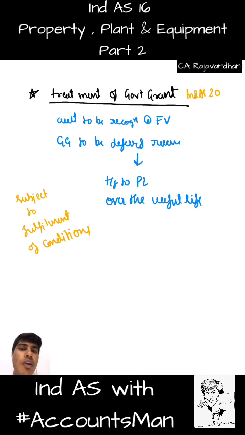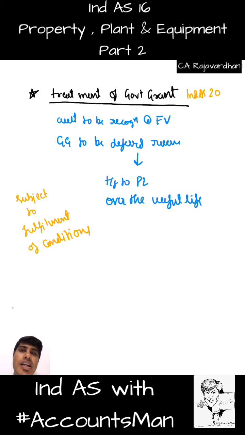Whenever there's a probability of fulfilling those conditions, then the amount which is treated as a reserve, as deferred revenue or deferred reserve in our equity, will be transferred to our statement of profit or loss over the remaining useful life. It might be a case where the grant is received in 2020, but we feel that we'll fulfill the conditions only by 2022.